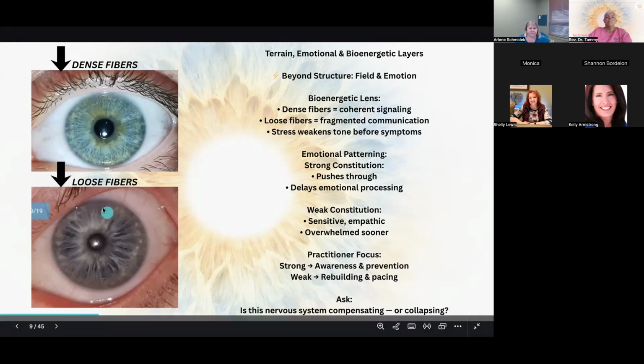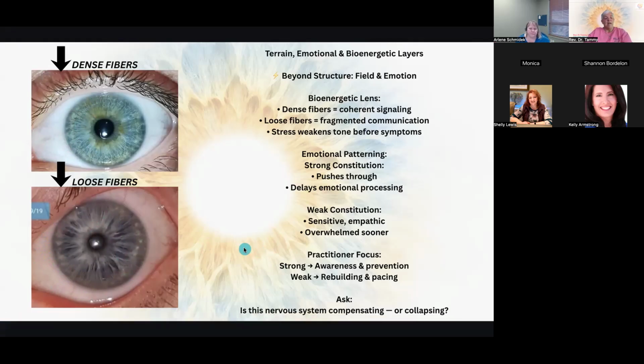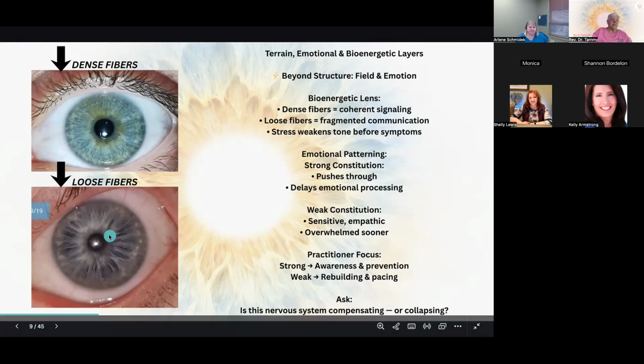This person though, probably very emotional, very sensitive person. They can overwhelm quicker. So you want to look at both of those: strong awareness and prevention, weak rebuilding and pacing. So ask, is this nervous system compensating or collapsing? This nervous system is not compensating very well. This one is, but this one is not.